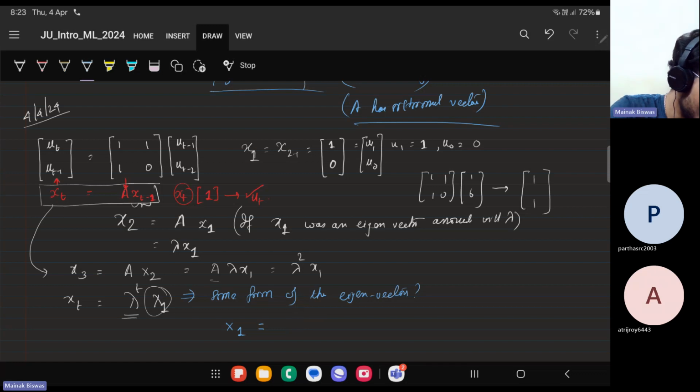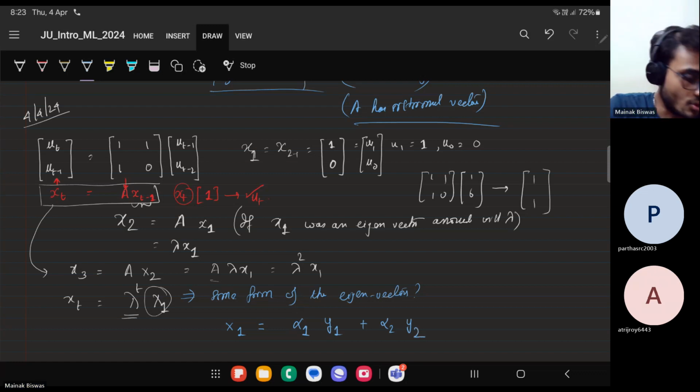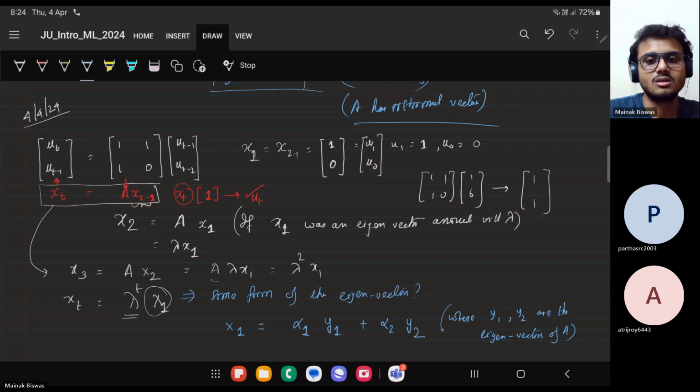Let me express this as alpha 1 y1 plus alpha 2 y2, where y1 comma y2 are the eigenvectors of A. I can write this, right?